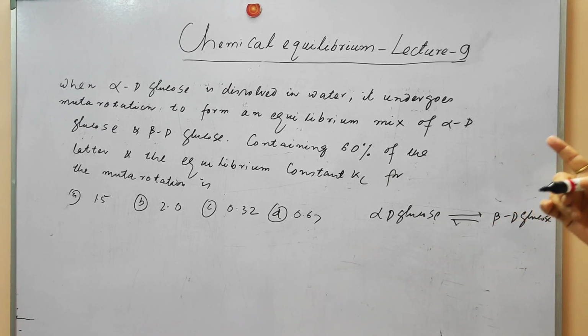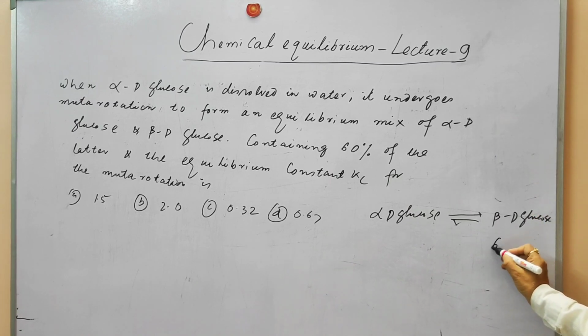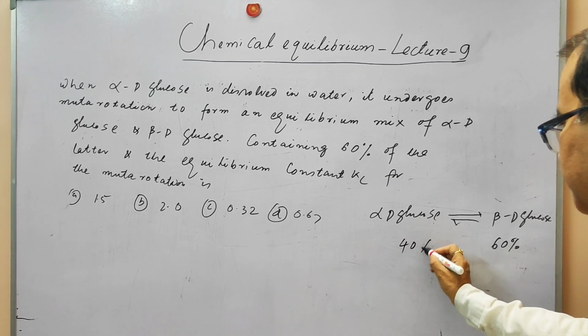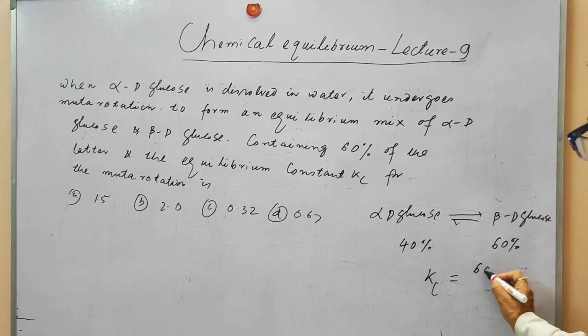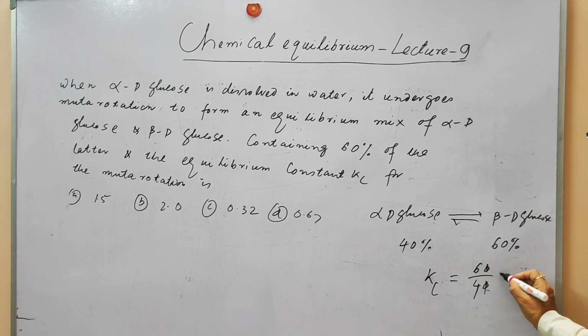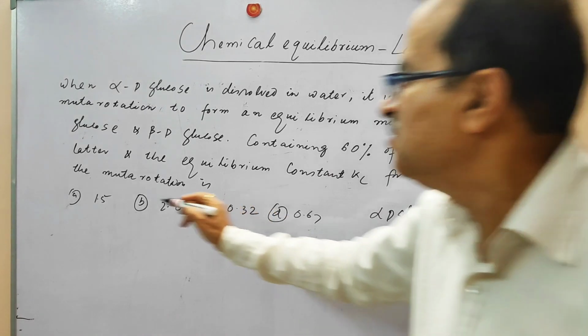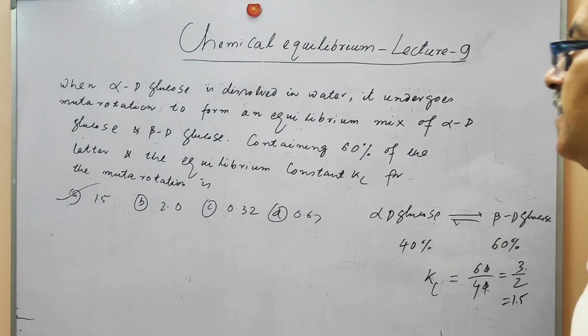At equilibrium, 60% containing of the latter means this is 60%, so this will be 40%. So Kc will be 60 by 40, that is 3 by 2, that is 1.5. So this will be the answer.